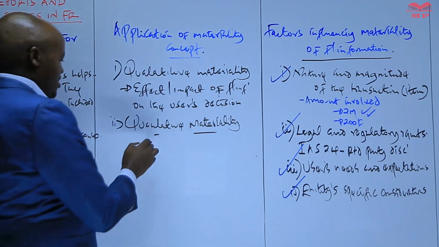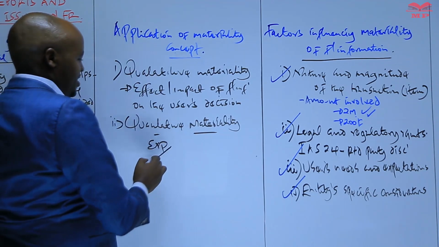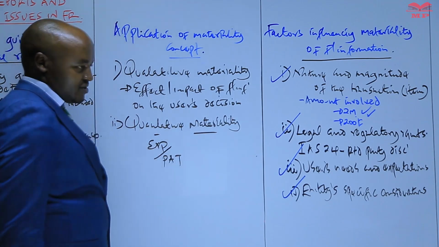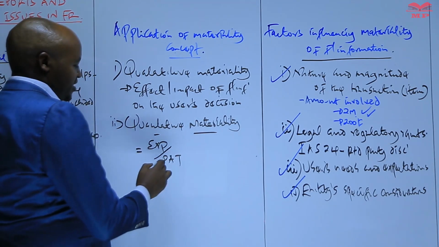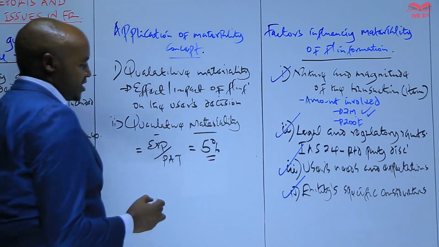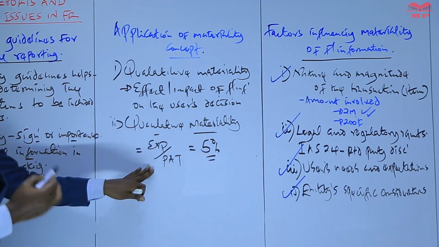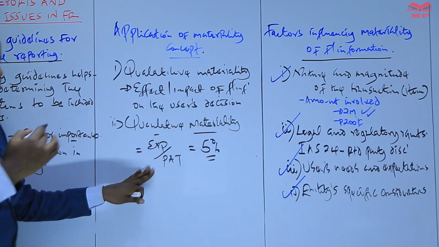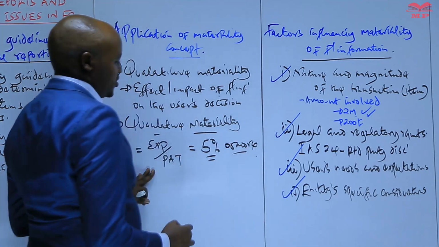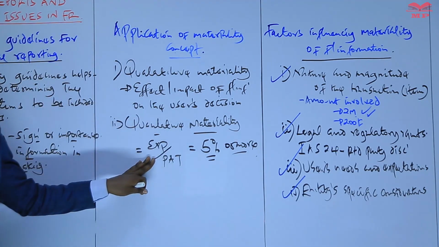For example, an expense can be expressed as a percentage of the profit after tax. An organization may have decided that if the percentage obtained is 5% or more, then such an expense is said to be material.